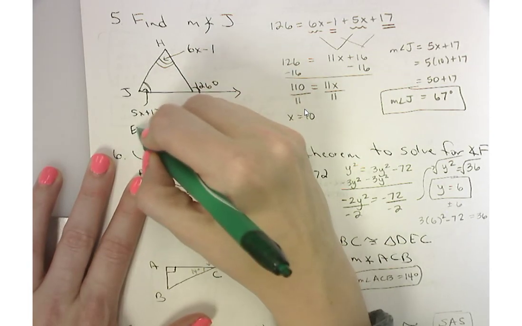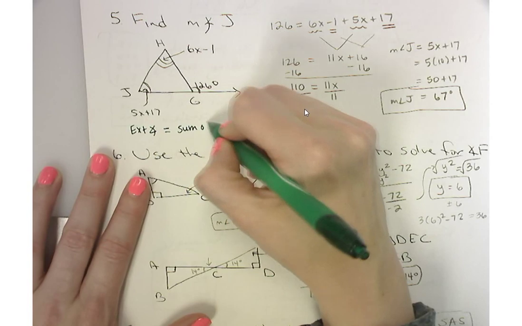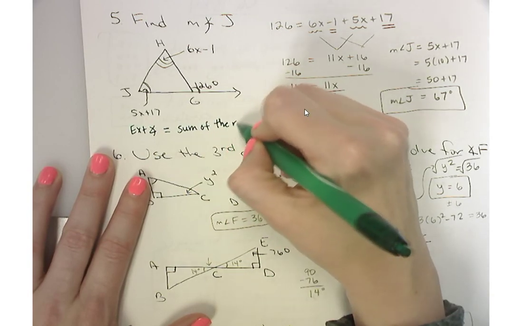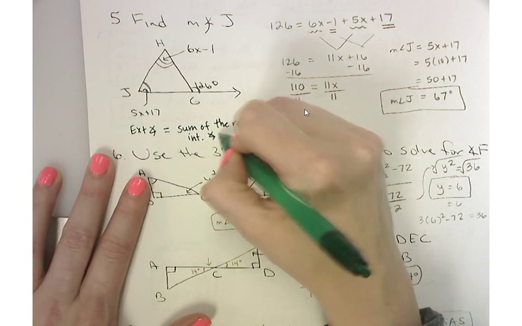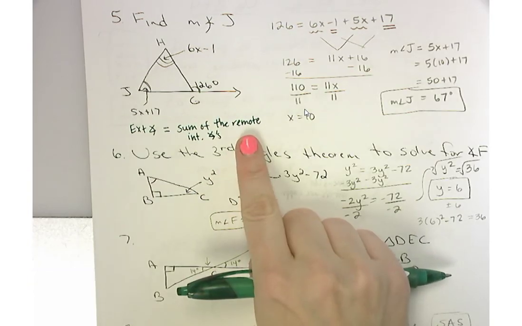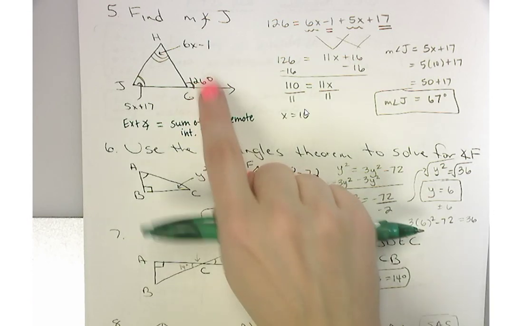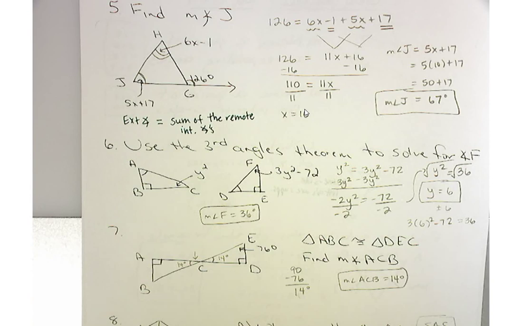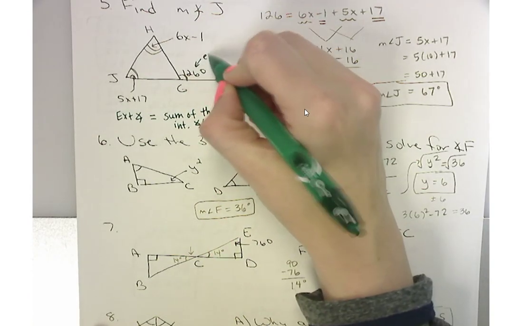Remember we talked about remote: if you're on a remote island, you're away from something. So this is away from the exterior angle. My exterior angle is 126. That's going to be equal to the sum of the remote interior angles, which are J and H. It's the two angles not touching the exterior.